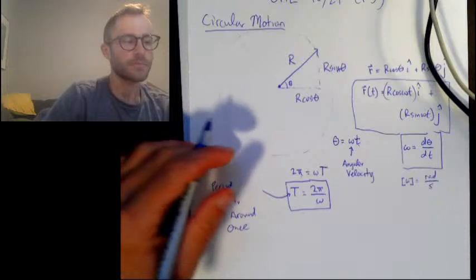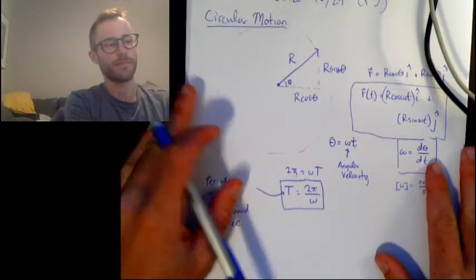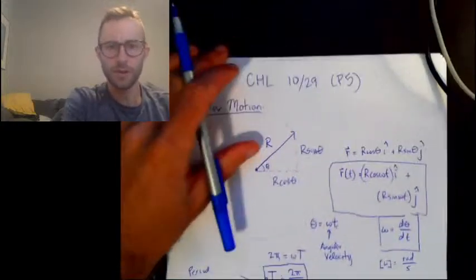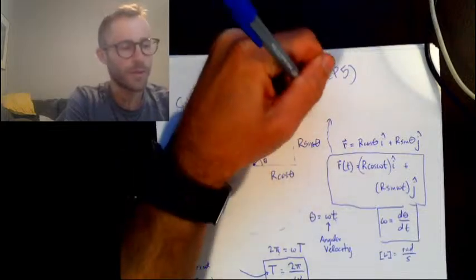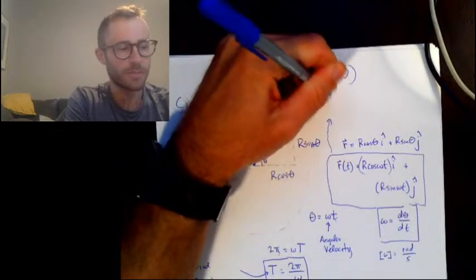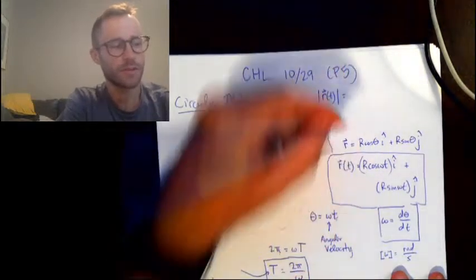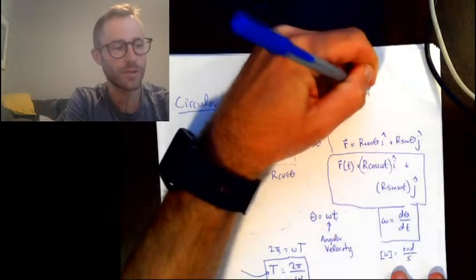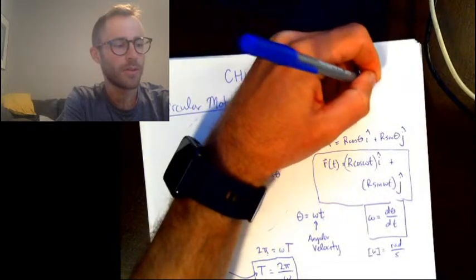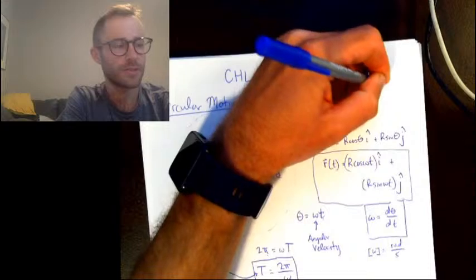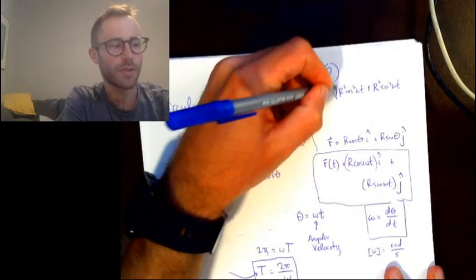Before I go into my derivations, I just want to do a little thing. What if I take the magnitude of r of t? What would that be? Well, I would do the x component squared, so r squared cosine squared of omega t, plus the y component squared, r squared sine squared of omega t, and then I would take the square root of that.